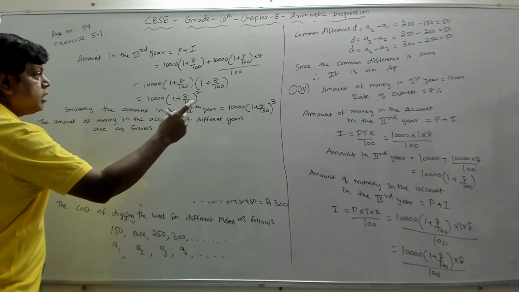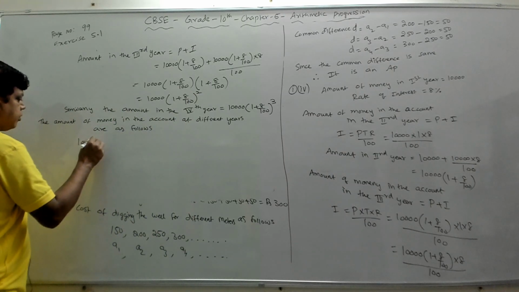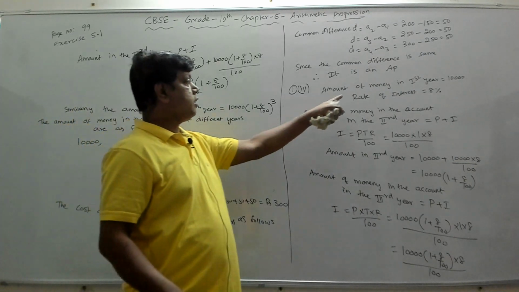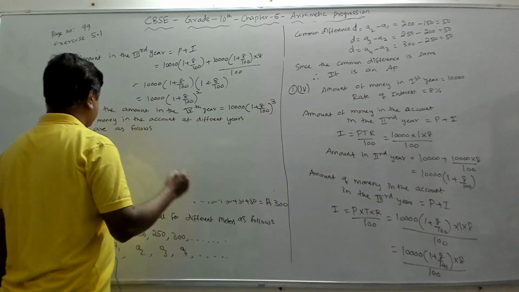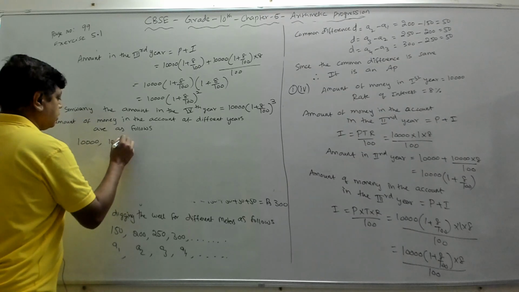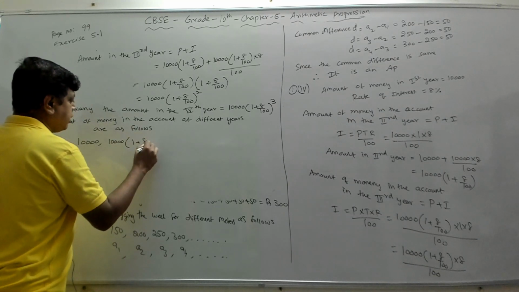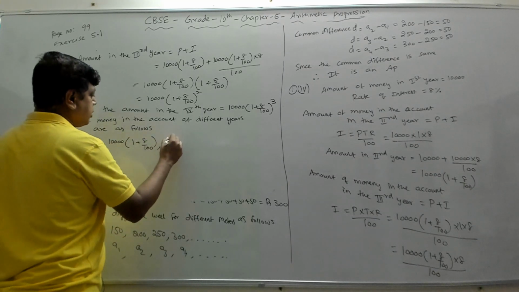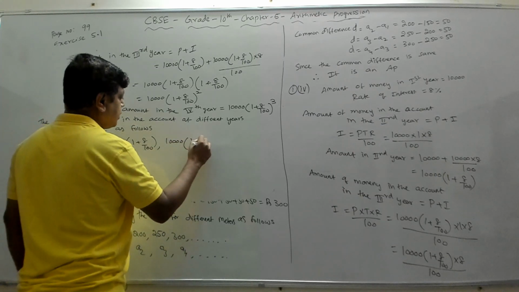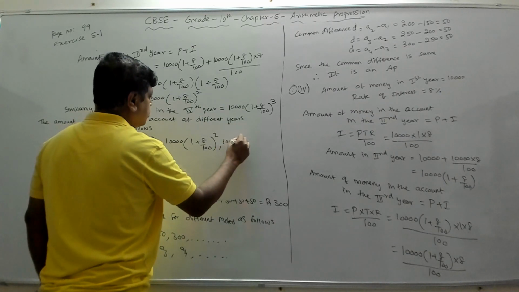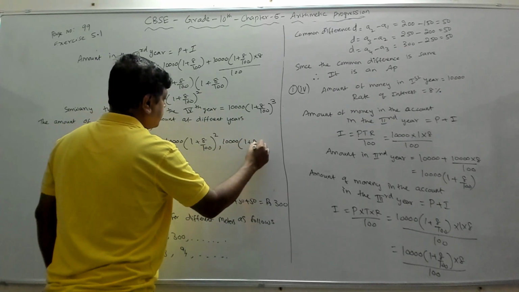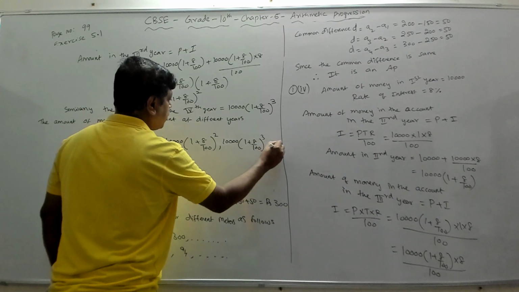Initially it was 10,000. That is the first year, 10,000. Second year, 10,000 into (1 + 8/100). Third year, 10,000 into (1 + 8/100) the whole square. Fourth year, 10,000 into (1 + 8/100) the whole cube, and so on.